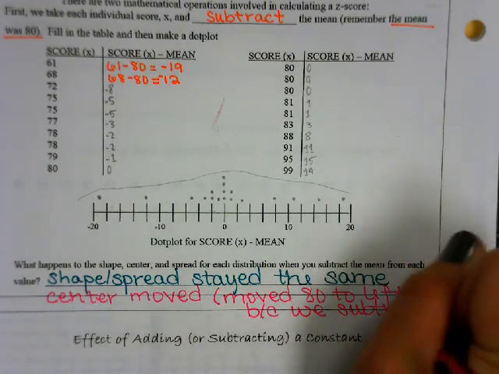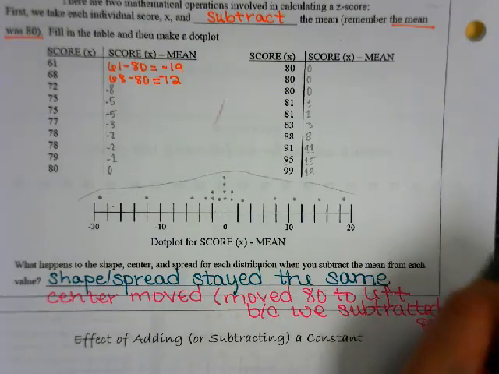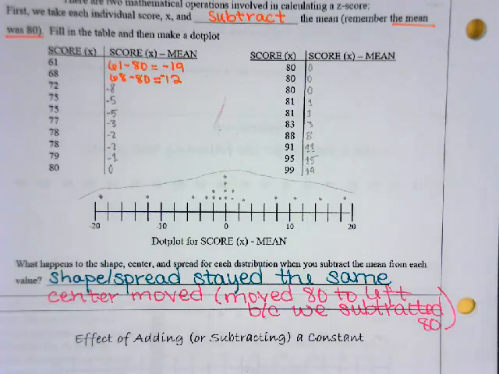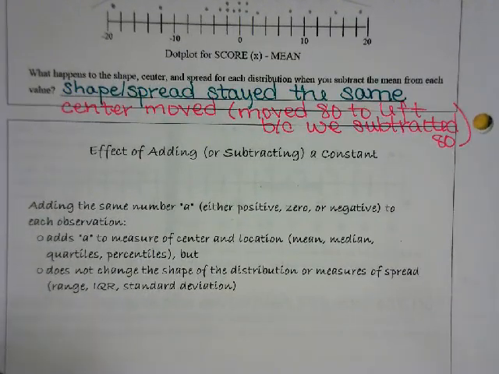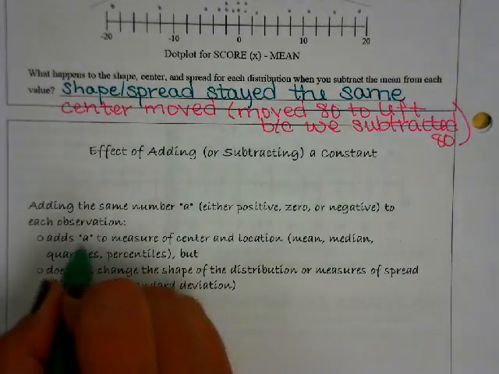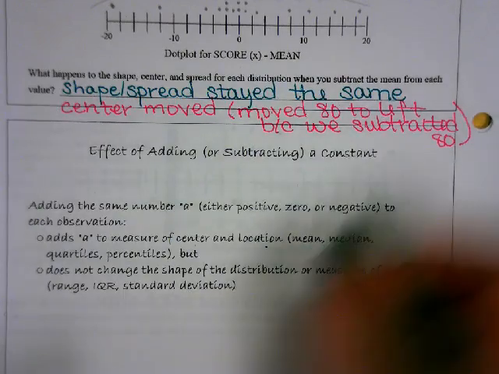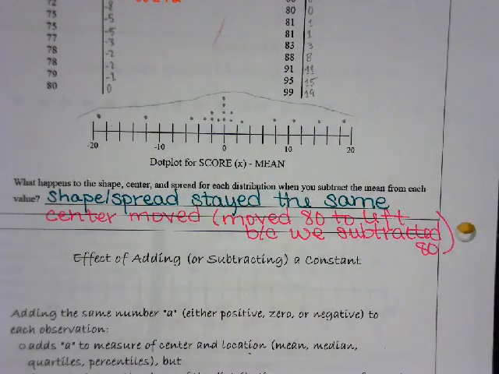So down below, I summarized for you. When we add or subtract a constant to our set of data, it's going to add that amount to your measure of center and location. We just focused on center in general. We didn't talk about mean or median explicitly.